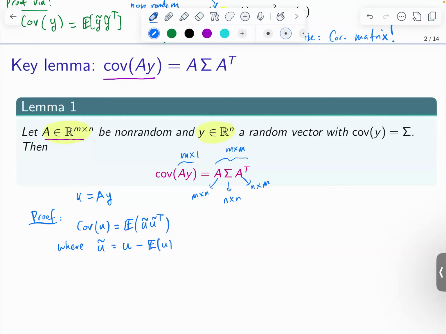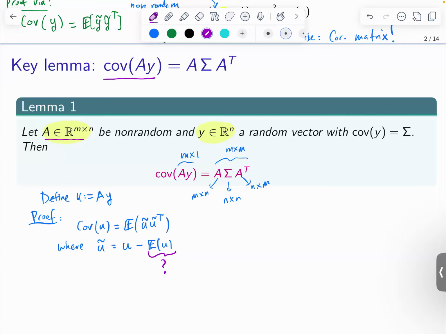So I want to simplify this a little bit. Anyone can tell me what the expectation of u would be? What is the expectation of u?